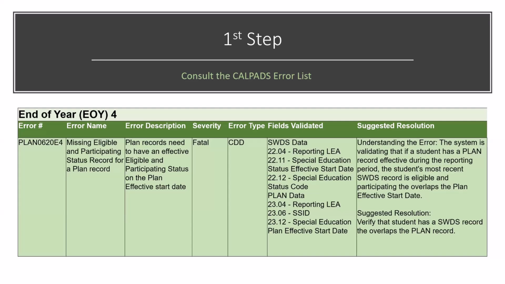The suggested resolution gives you an indication of how you would resolve the error. Verify the student has a status or SWDS record that overlaps the plan record. Again, it's telling us that the status, the SWDS effective start date, has to be eligible and participating, and it has to overlap the plan record's effective start date.